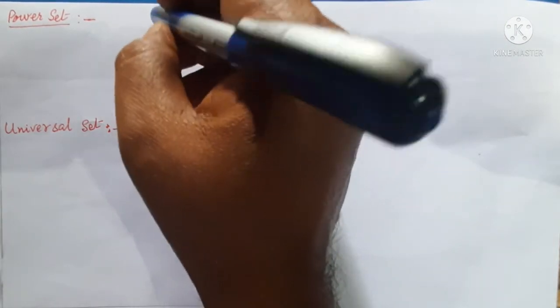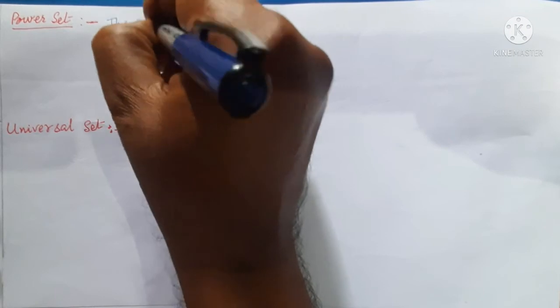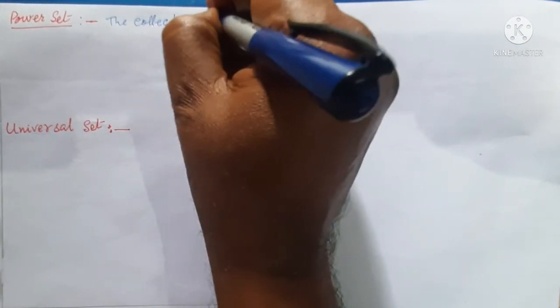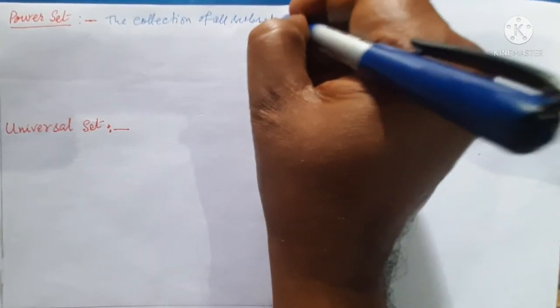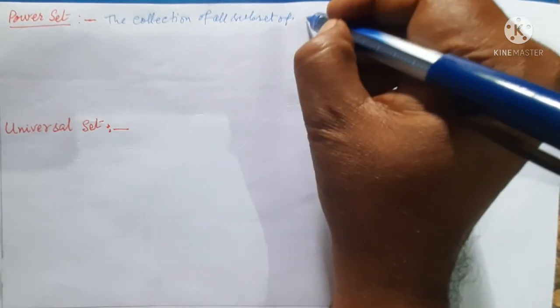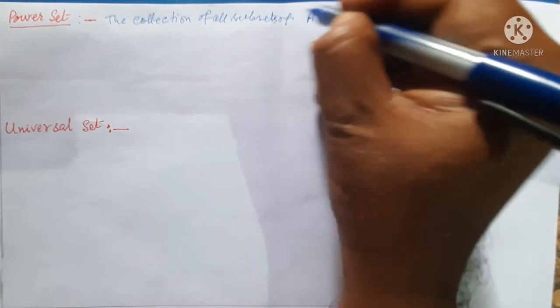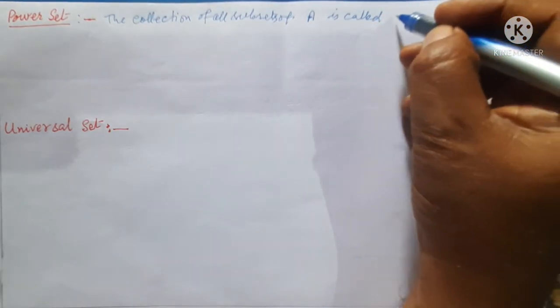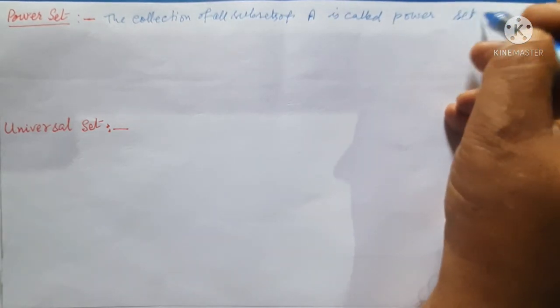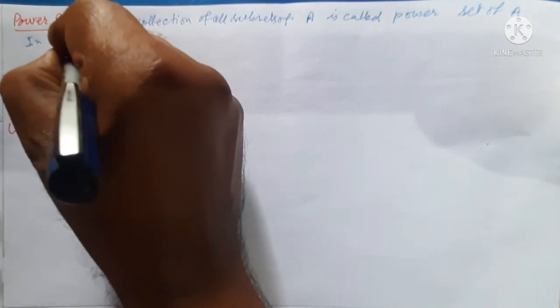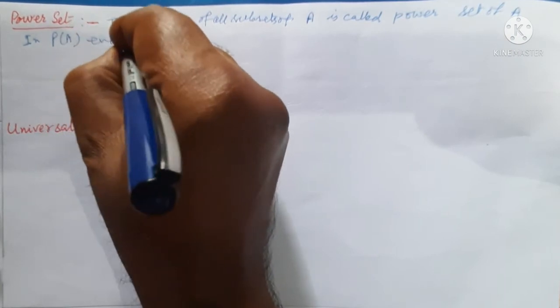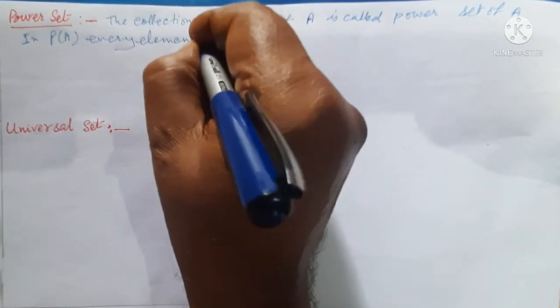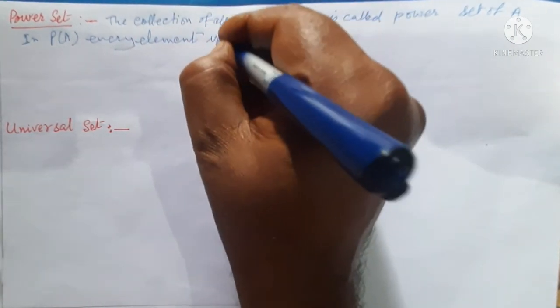The collection of all subsets of a set A is called the power set of A. That is, in the power set of A, every element is a set.